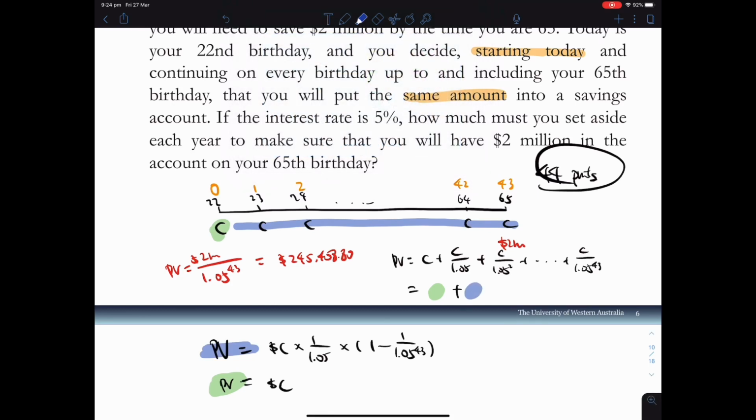If I write it, that becomes C plus C times 1.05 times 1 minus 1.05 to the power of 43.